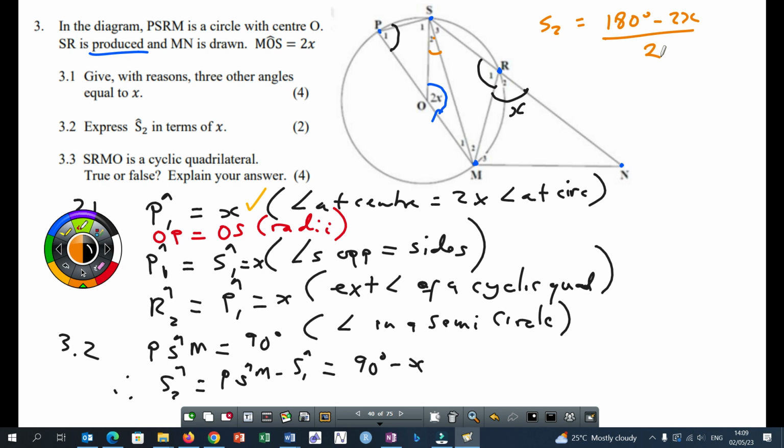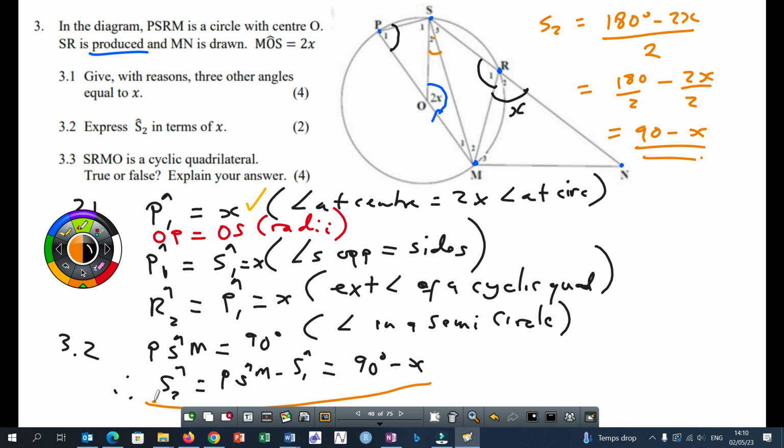You have to write OS is equal to OM, then you give your reason, radii, then you say S2 is equal to M1, angles opposite equal sides, then S2 plus M1 plus 2x is equal to 180, sum of angles in a triangle. Then you solve. When you solve, you get 180 divided by 2 minus 2x divided by 2, and you get 90 minus x. Okay? You can go home and try and do it properly, but you must get that. For now, I'm just going to stick to what I did here.